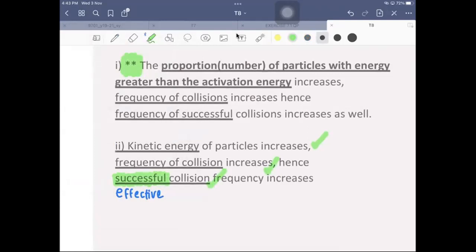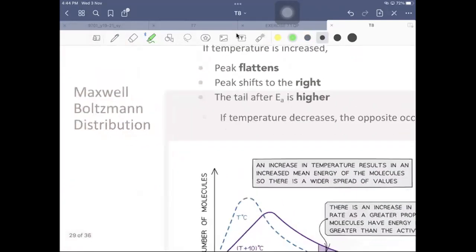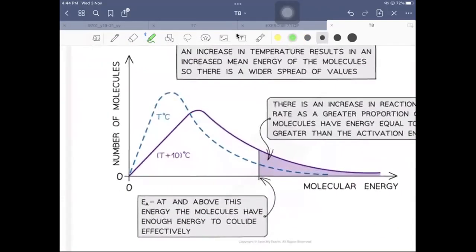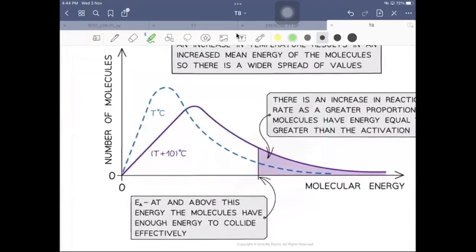In order to understand the most important factor to explain why the increase in temperature increases the rate of reaction, we look at the Boltzmann distribution diagram here. The blue dotted graph is the Boltzmann distribution of the energy of my molecules at room temperature, for example.